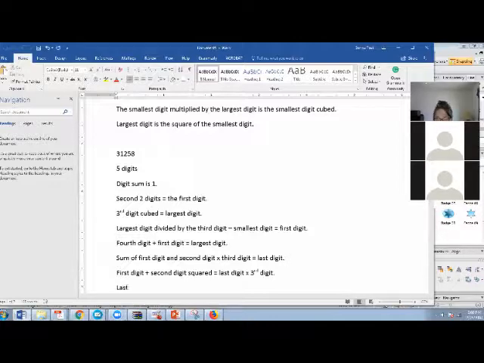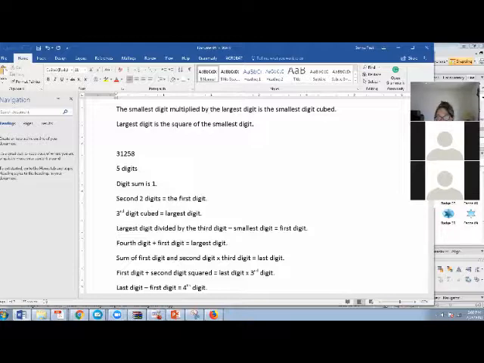So the last digit minus the first digit equals the fourth digit. Do you think that's enough to figure it out? I don't know. Maybe. I think we've got enough. Well, I think we leave these and we post them in the group and find out who figures them out.